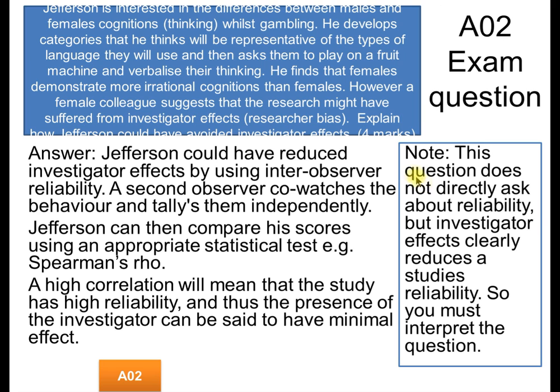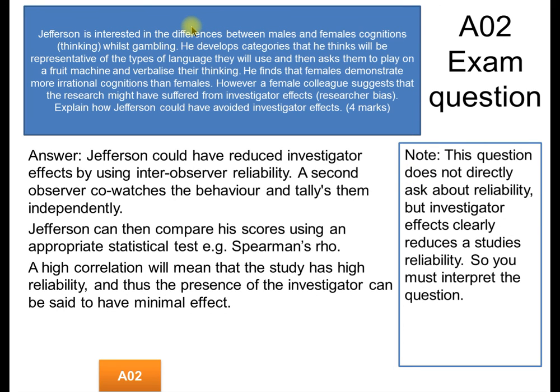Let's look at something a bit more challenging. So take a minute just to read this. Right, so this is really talking about the reliability of his observations.